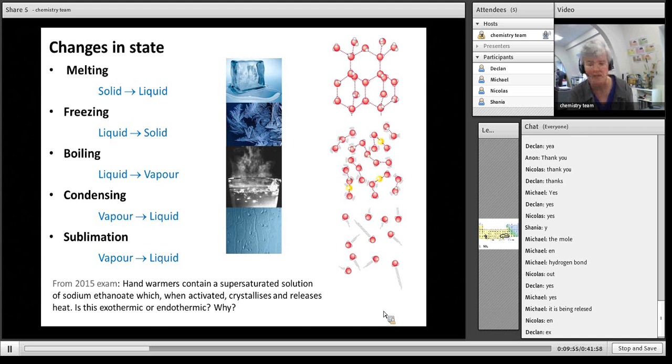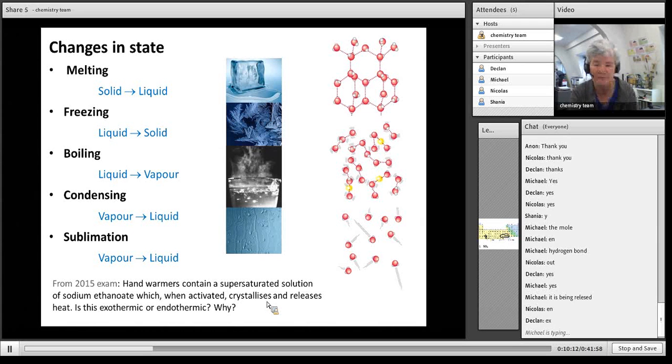So when activated, so when you press that little button on the hand warmer, I don't know if you've seen those hand warmers with silver buttons on them and you click on them, that's enough to start the crystallization reaction and it gets warm. So if it's getting warm, is it an exothermic or endothermic reaction?